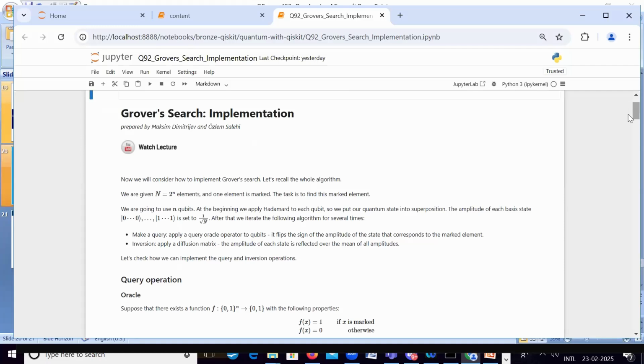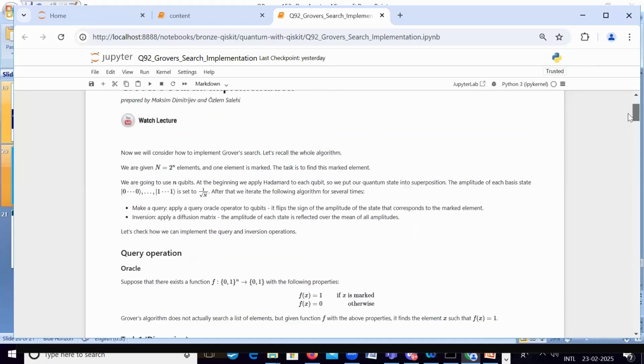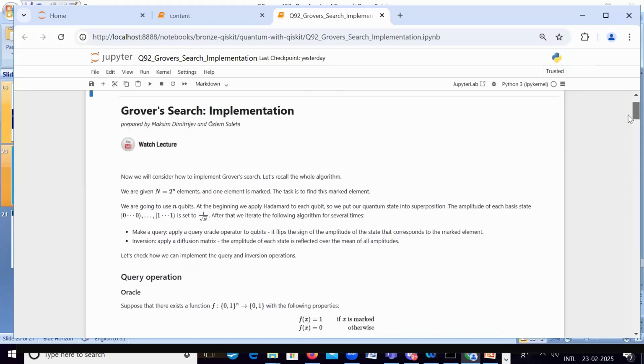By following them, you can answer most of the questions, most of the assignment, and also write your own code as needed. Now here we are coming to the implementation part.